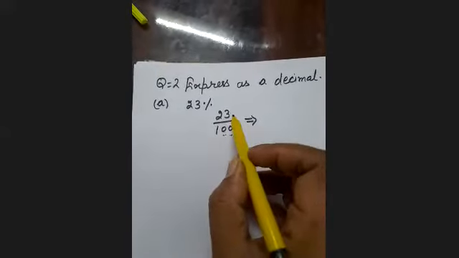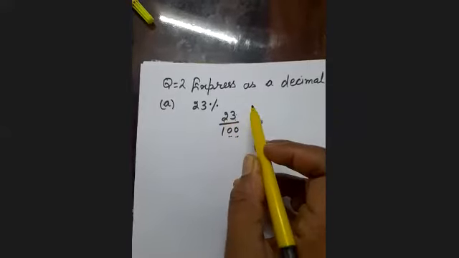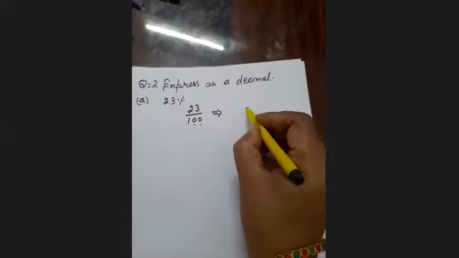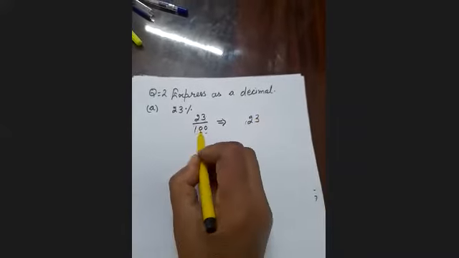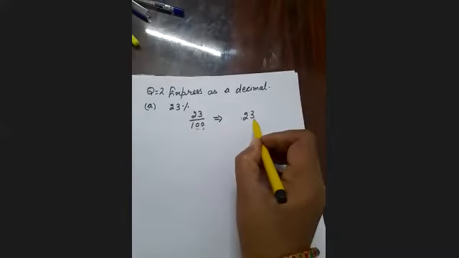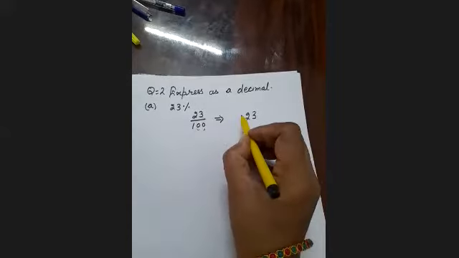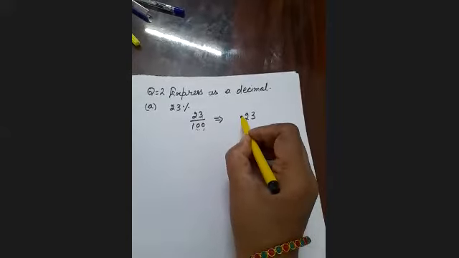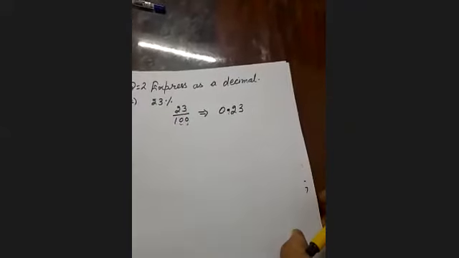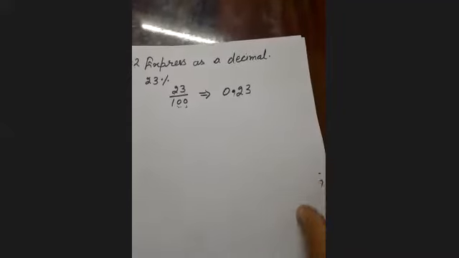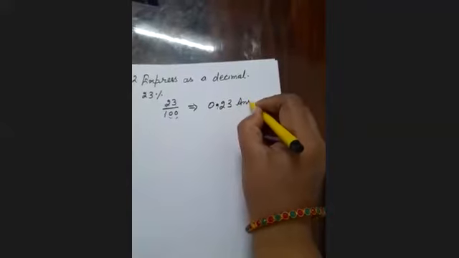So put the decimal point after 2 digits from the right hand side. Clear, students? So your answer is 0.23.